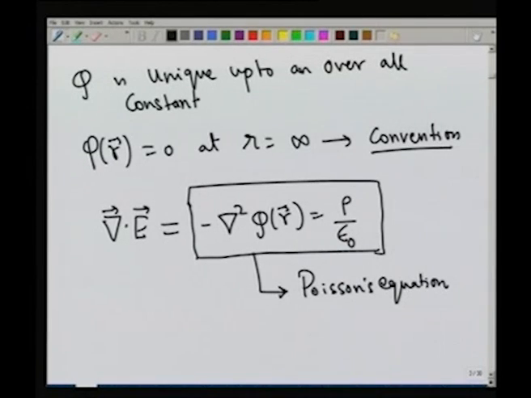In this case, rho can be positive, rho can be negative, but there rho is always positive and the force is always attractive, but otherwise the equations are identical. Therefore, Poisson equations are fundamental to both gravitation, the classical Newtonian gravitation, and also electrostatics. In fact, there is nothing much to distinguish between them mathematically except for the fact that the charges occur in two species. That is something that we have learnt in great detail in our earlier lectures.